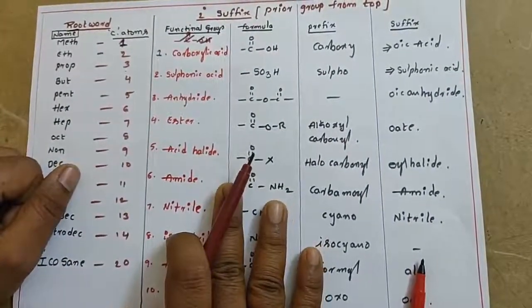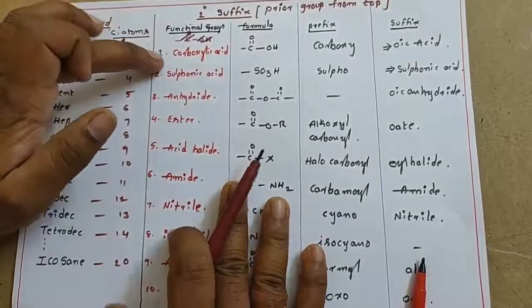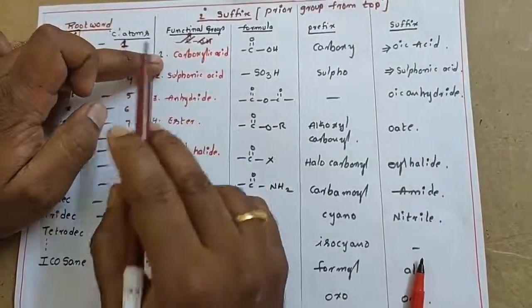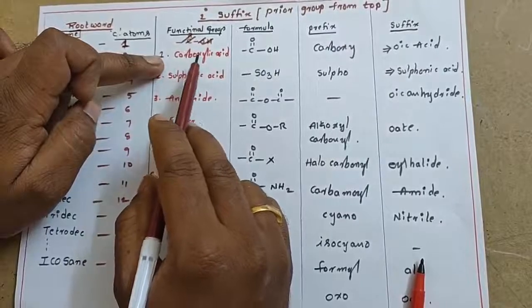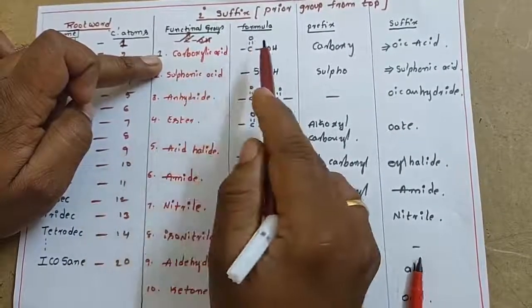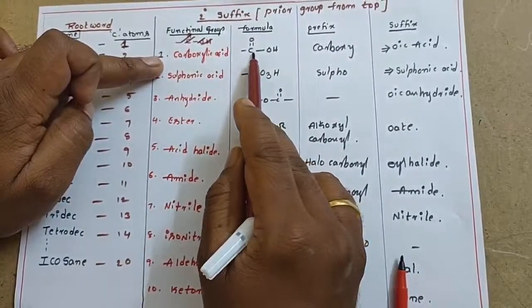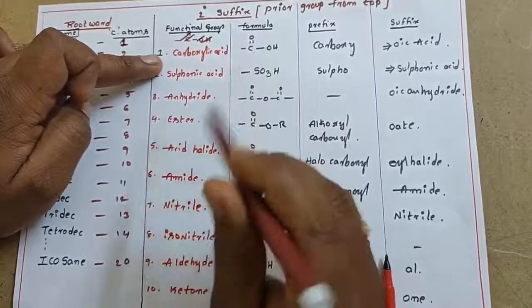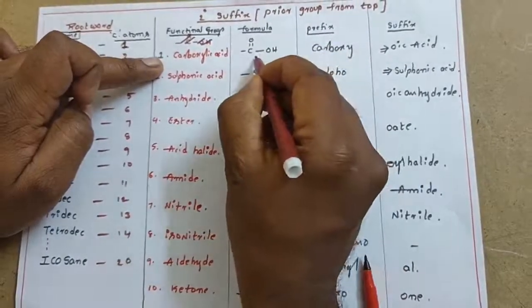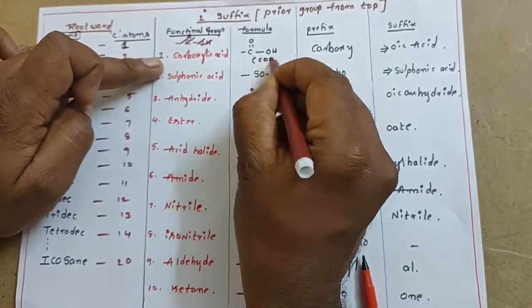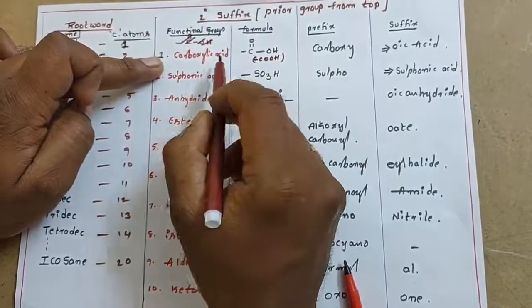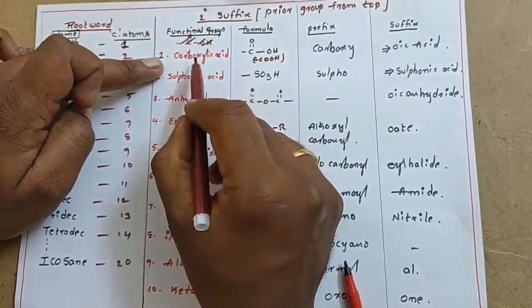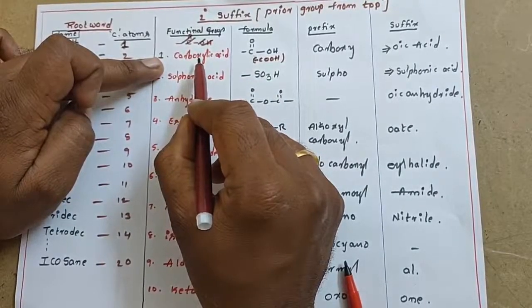Prefixes and suffixes we can give for the functional groups. If any organic compound contains C double bond O, OH, or COOH as a functional group, then that functional group is called carboxylic acid.